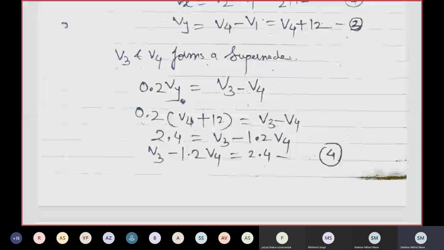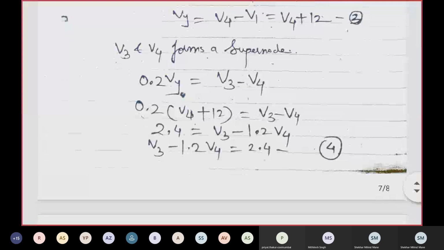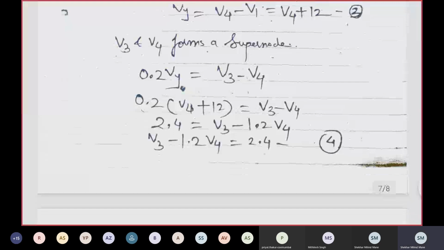Now we can substitute the value of Vy in this. So we'll get 0.2 times (V4 plus 12) is equal to V3 minus V4. After simplifying this, we'll get equation number 4, that is V3 minus 1.2 V4 is equal to 2.4. So in this way, we get one equation from the supernode itself.